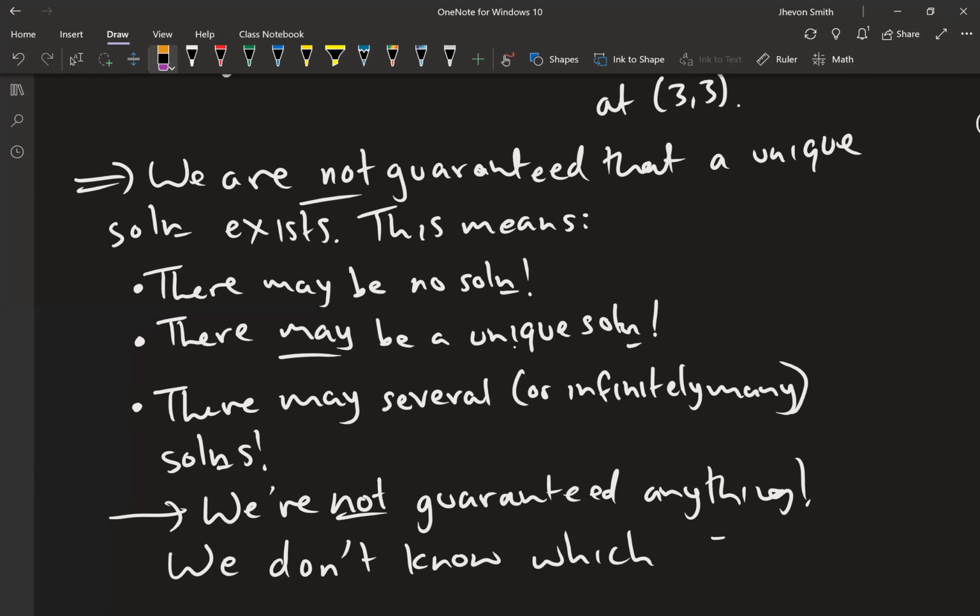So that's what not having this theorem backing you means: you're working in the dark. You're taking shots in the dark. You don't know if a solution is out there, what it would look like, how many of them there are. You don't know anything.